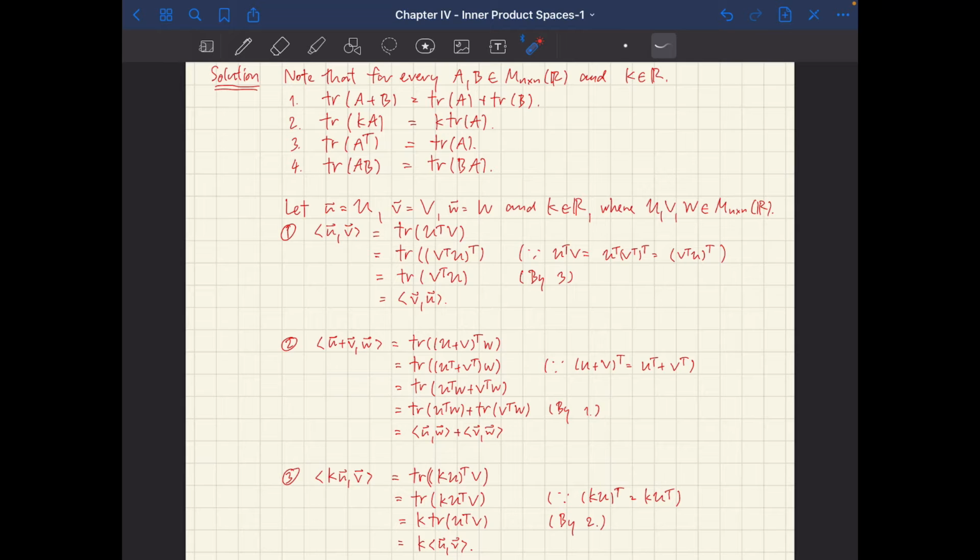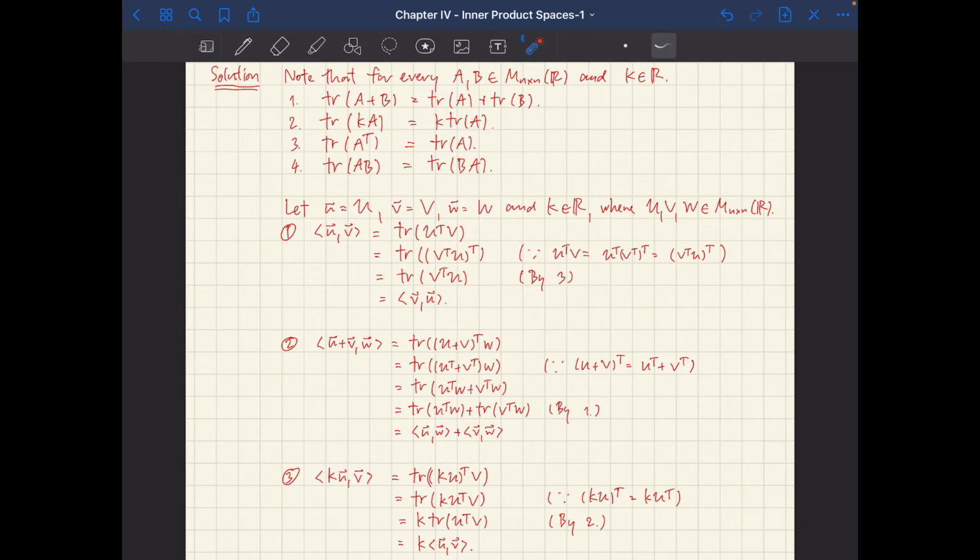We use the property of the transpose of a matrix, that the transpose of u transpose v is equal to v transpose multiplied by u. That is why we obtain the second line here.